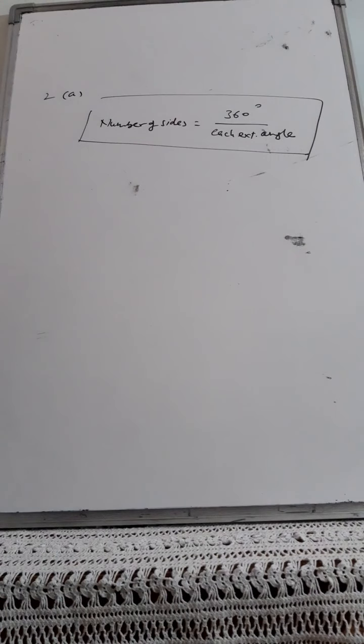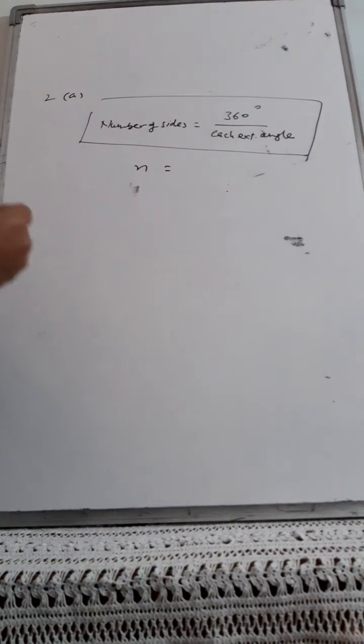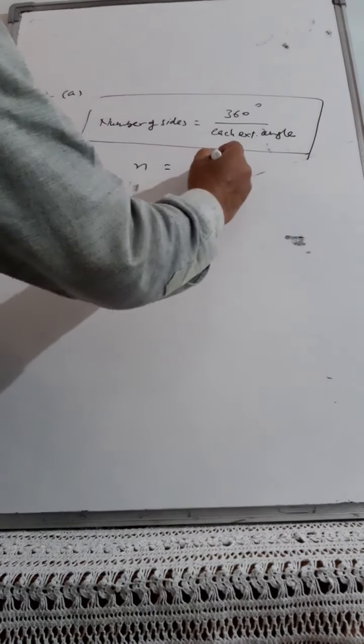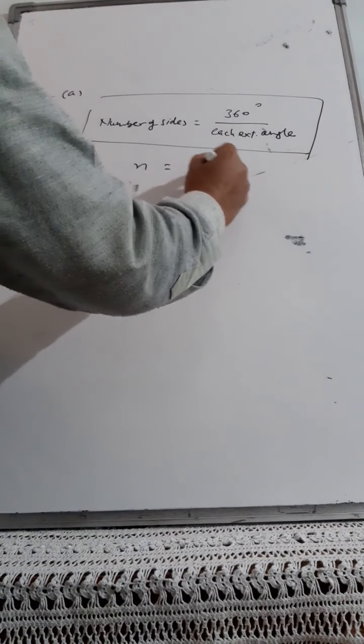Make a note of this. Those 10 points are very important, and focus your attention on what you need to determine here: how many sides does the regular polygon have? I want to find the sides, so put n there. The exterior angle is 45, so n is 360 upon 45. If you divide this, your answer will be equal to 8.